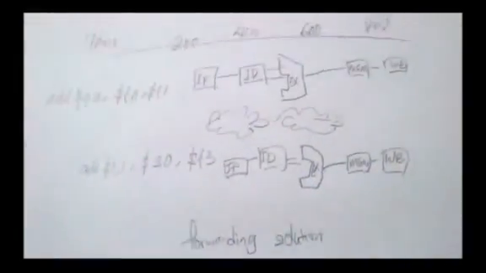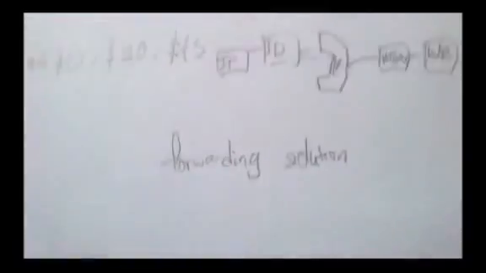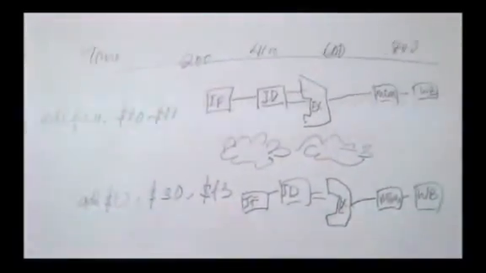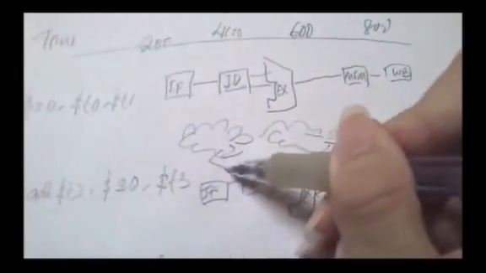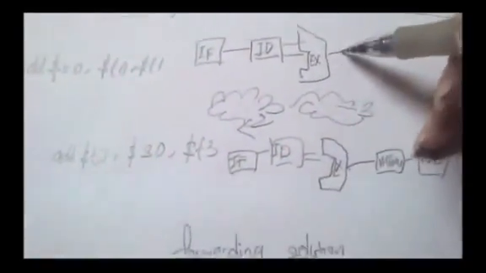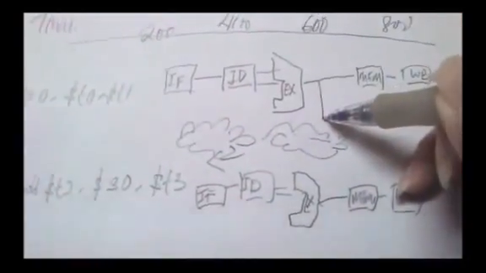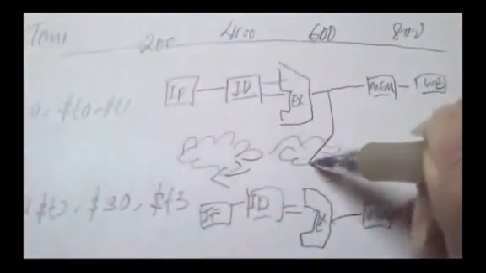we can use the forwarding solution. By using this solution, the second instruction can be moved forward and can be connected and aligned like this.